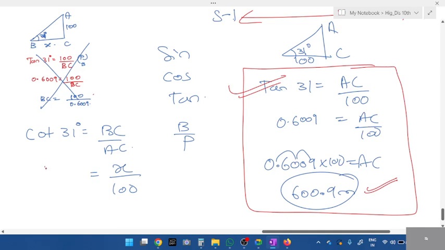No, not reciprocal. Not reciprocal. 90 minus theta. What is that relation? Complementary. What's the complementary, students? Cot 31 is tan 90 minus 31. What is tan 90 minus 31? Tan 59 degrees equals x by 100.